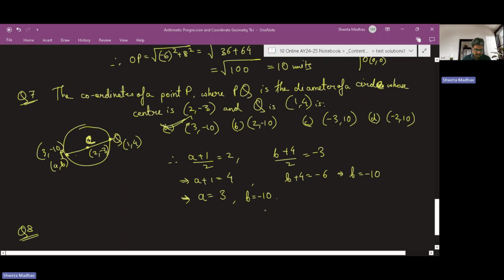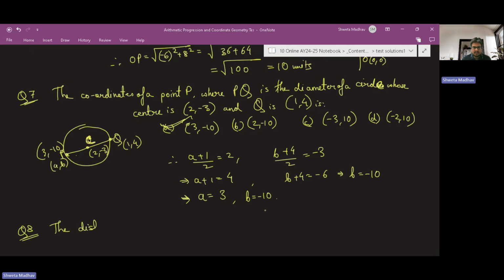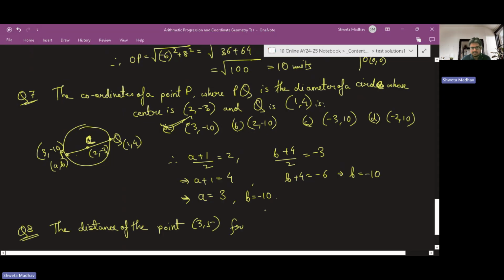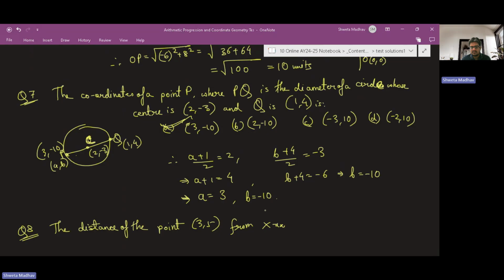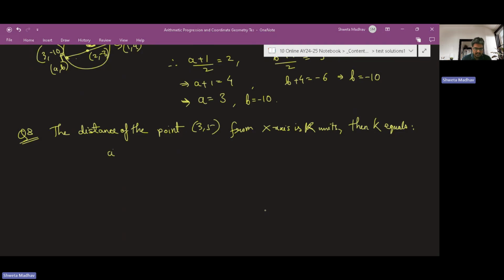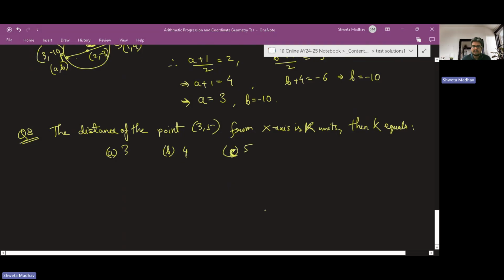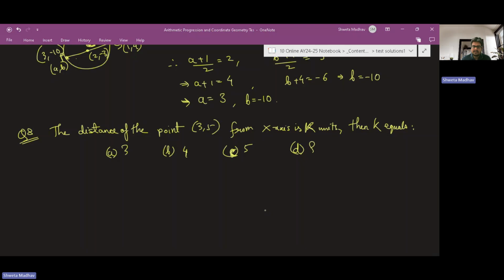In question number 8, it's given that the distance of the point (3, 5) from the x-axis is k units. Then k equals how much? Option A is 3, option B is 4, option C is 5, option D is 8.